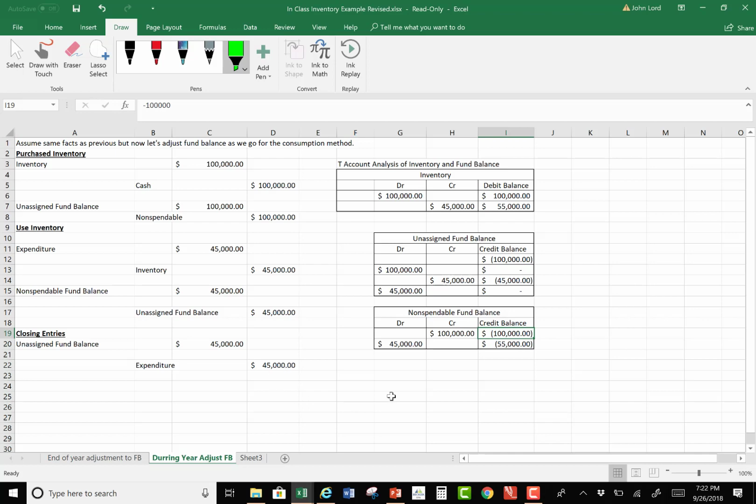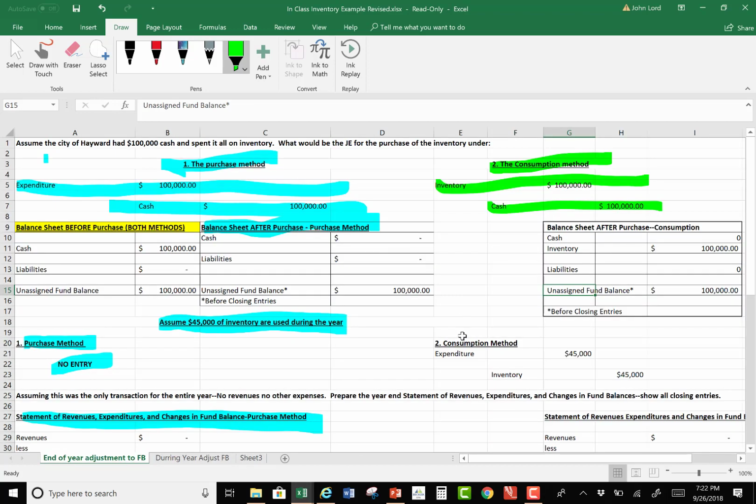Okay, good. Then what? Then I go along and I use some inventory. And we said in this problem I used 45,000, didn't we? So unlike the purchase method where I didn't make a journal entry, in the consumption method I debit expenditure 45,000 and credit inventory 45,000. That's pretty easy.